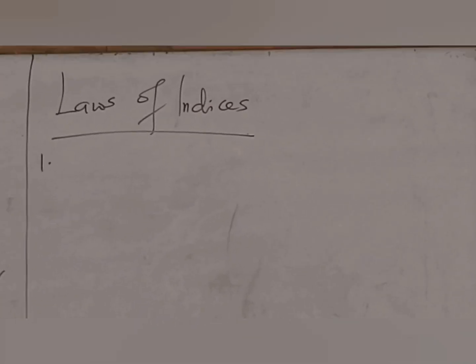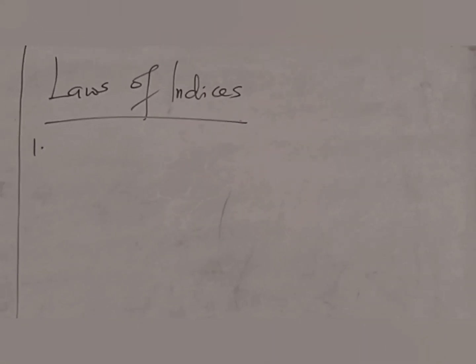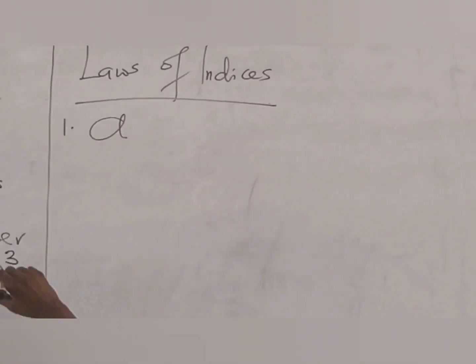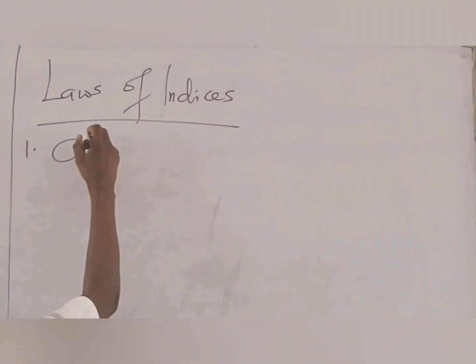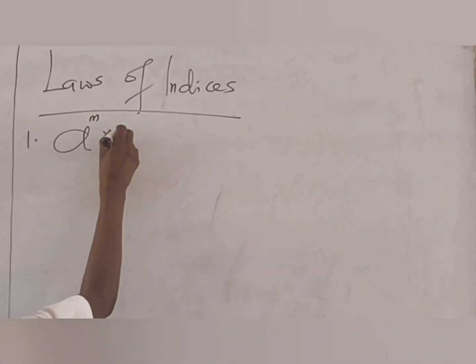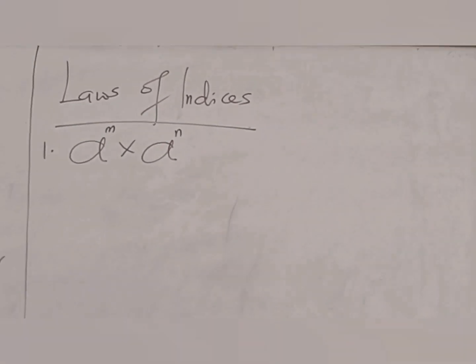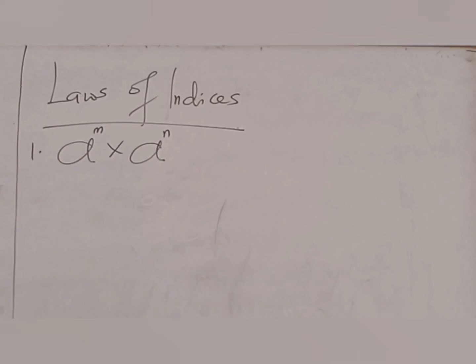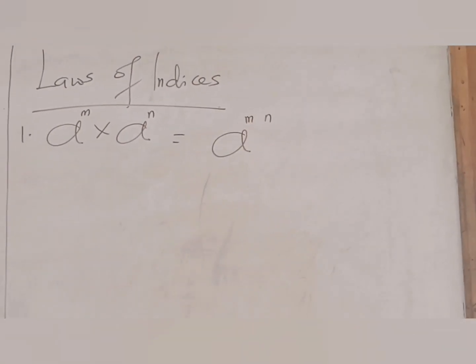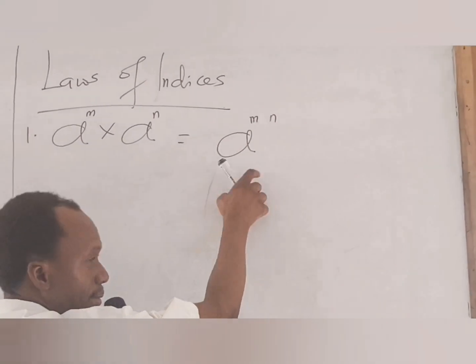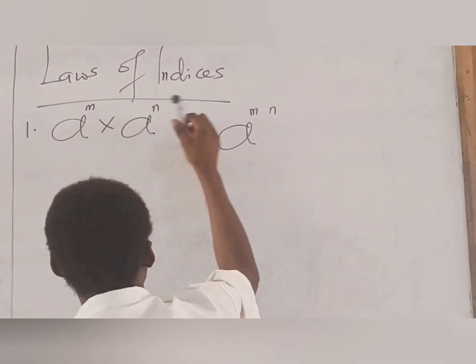Should we go on? Laws of indices. 1. Anytime you have a number to a certain power multiplied by the same number to another power, you write the number down, then you sum the powers.